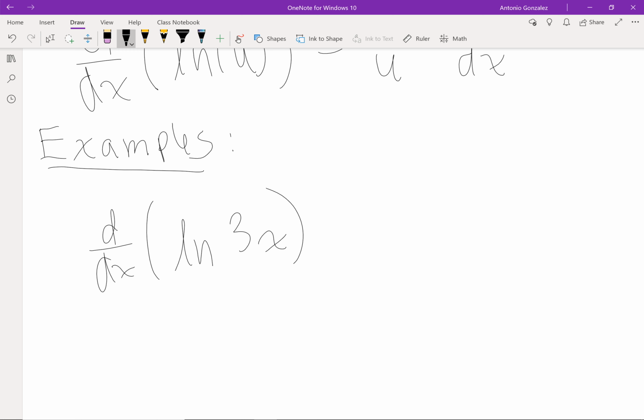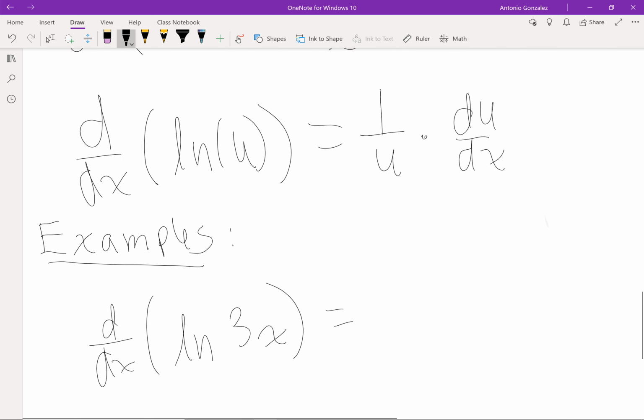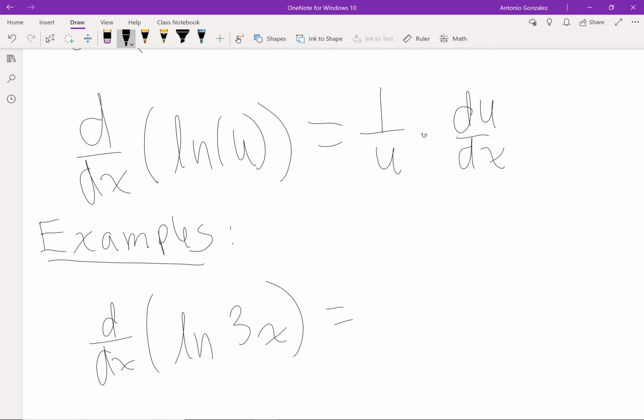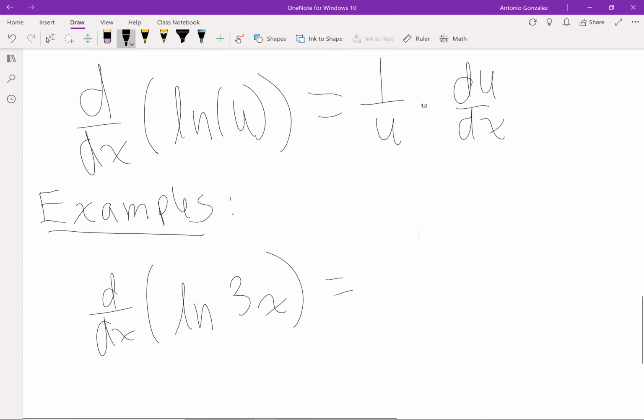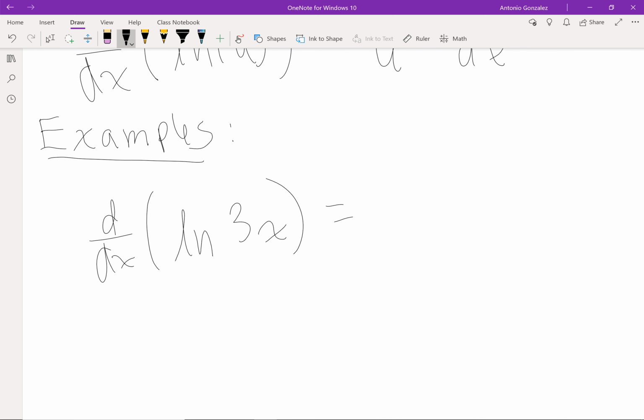Again, applying the chain rule. This is an application of this one right here, where u is 3x. So chain rule says take 1 over 3x. Again, ln of whatever, the derivative will always be 1 over whatever that function is, times the derivative of the argument 3x, which is 3, and then that just reduces to 1 over x.